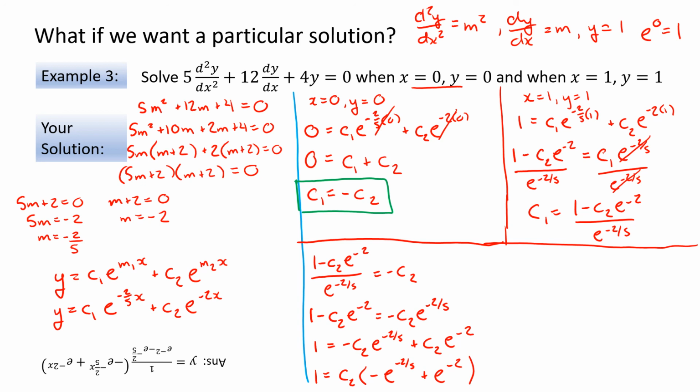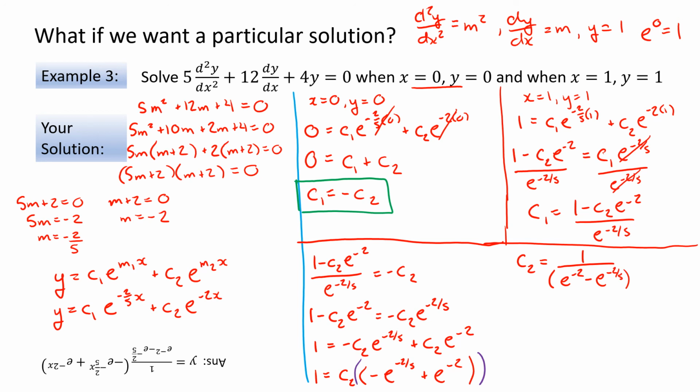So to solve for c2, we now have to divide both sides by this big function here in brackets. Again, I'll circle it. And if we do that, we get that c2 is equal to 1 divided by what we have left here, which I like to put the negative second: e to the negative 2 minus e to the negative 2 over 5.